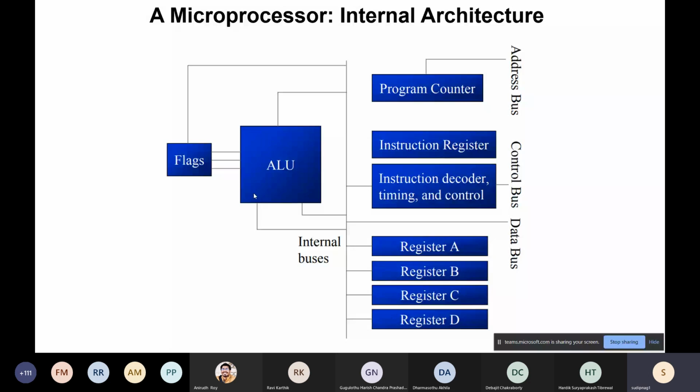And then in the fifth clock cycle, you will possibly start the addition inside the arithmetic logic unit, and possibly complete it, if at all you can complete it within one clock cycle. Typically addition takes more than one clock cycle, but assume it is a very well designed, efficient microcontroller.